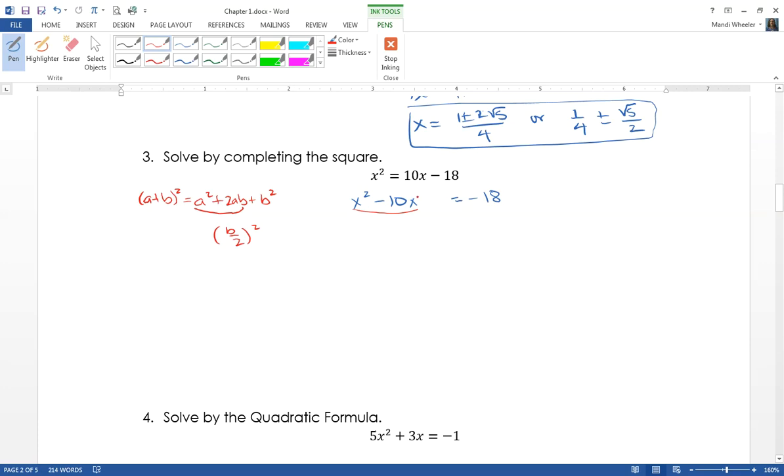So what we're going to add in here is -10 over 2 squared. What we do to one side, we have to do to the other. So -10 over 2 squared is 25.